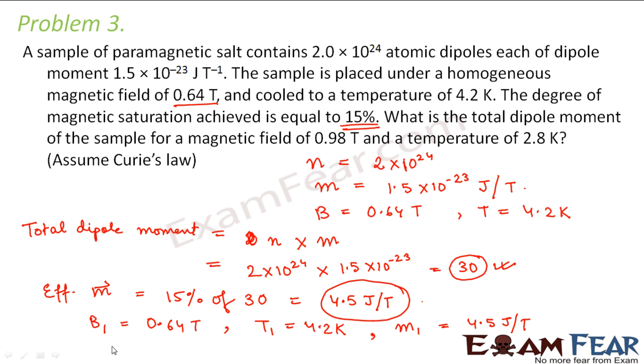Now after some time, they increase the magnetic field to 0.98 Tesla and decrease the temperature to 2.8 Kelvin, and they are asking us to calculate the total dipole moment of the sample under this situation, right? So we have to calculate M2, right?